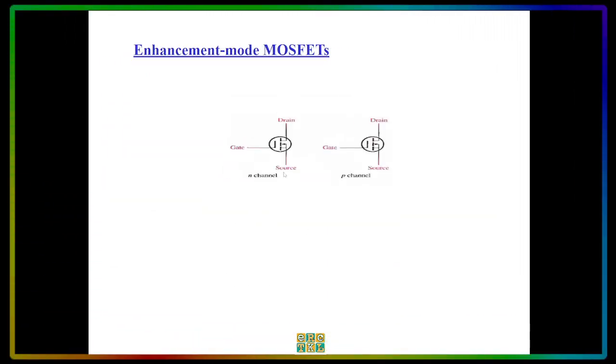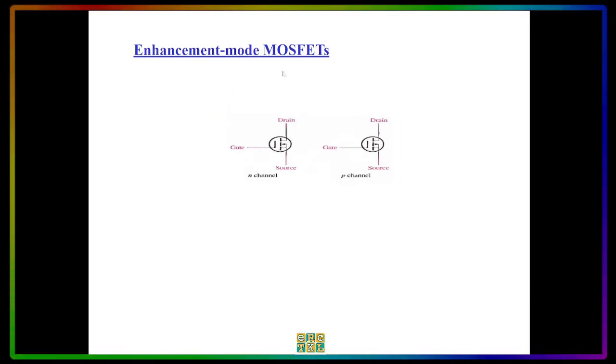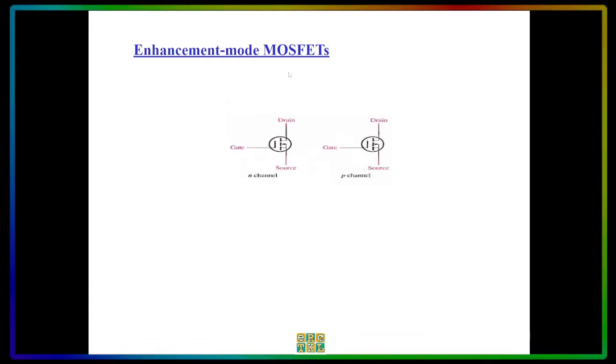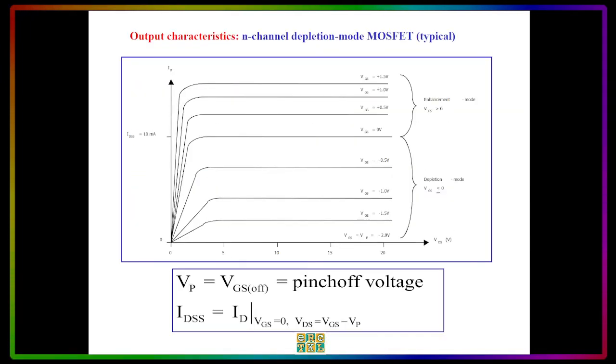So this is the symbol for the enhancement mode MOSFETs, or E-MOSFET. We have the N-channel E-MOSFET here. You will notice that the line in the middle, the bar, is now cut into 3 pieces compared to the depletion mode MOSFET that we have discussed before.